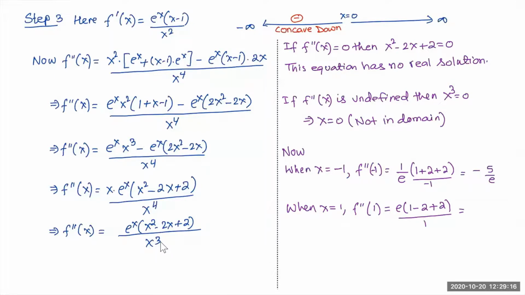You can see here, 2 and 2 cancel. We have 1 times e, e divided by 1, that is e. E is approximately 2.7. So we got a positive number. So the second derivative is positive in this interval. From 0 up to infinity, the second derivative is positive. The meaning of that is your function is concave up here. So when we draw the graph, we have to draw it concave up.